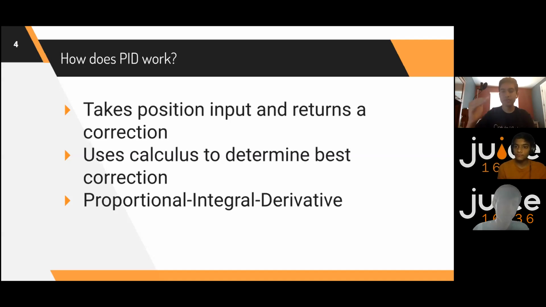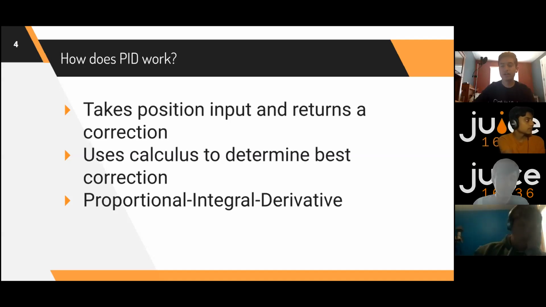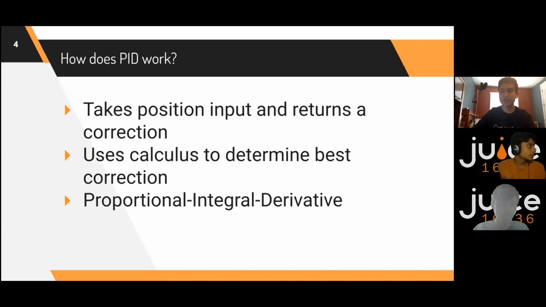Every loop of your robot's autonomous, which are normally called ticks, you send in your input value of where you are right now, and then it does some mathematical calculations, which I'll be going over, to return the correction value that you apply to the robot's wheels. PID is a calculus-based system, but I'll make sure to go over everything you would need to know if you didn't already know calculus. PID stands for proportional integral derivative, and I'll be going over each term in depth so that you can see how it works and how to tune it.